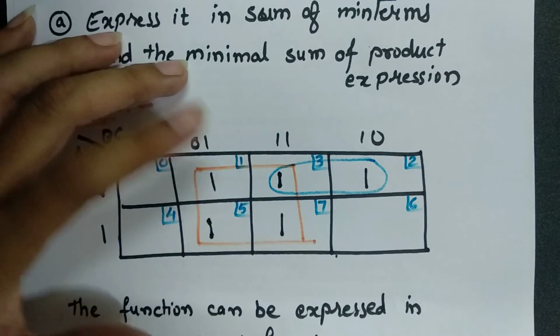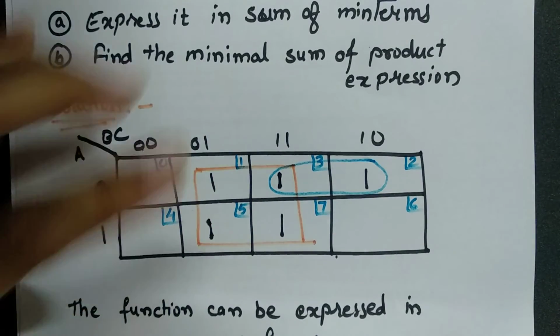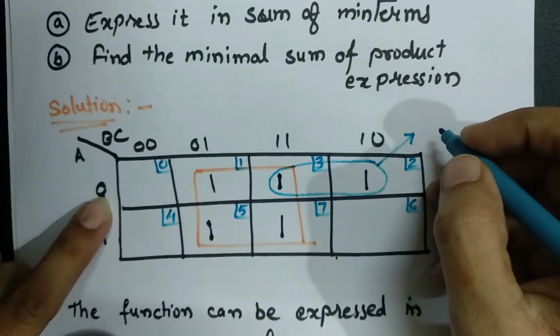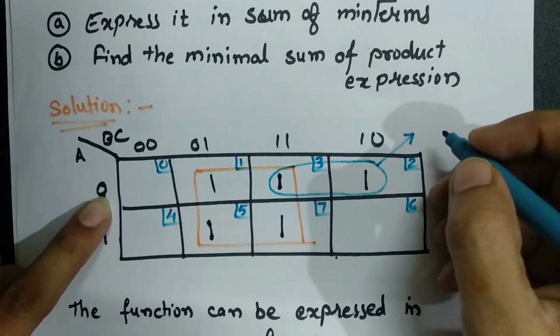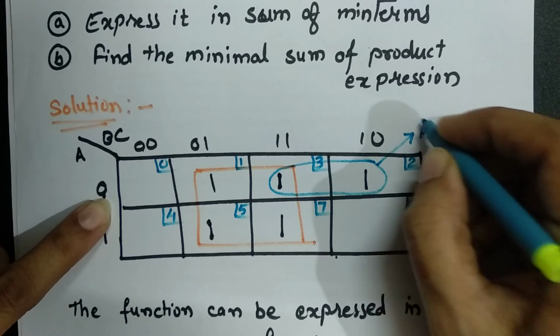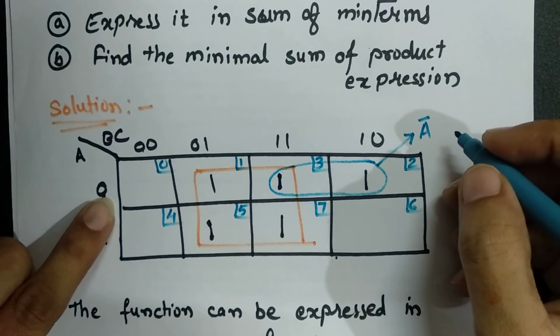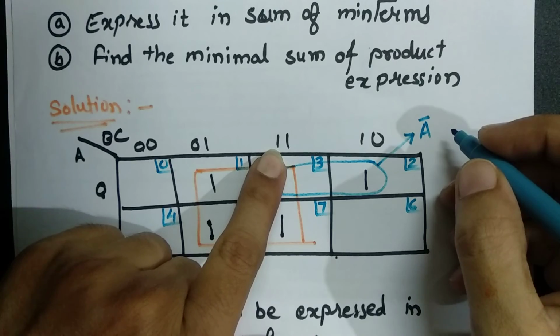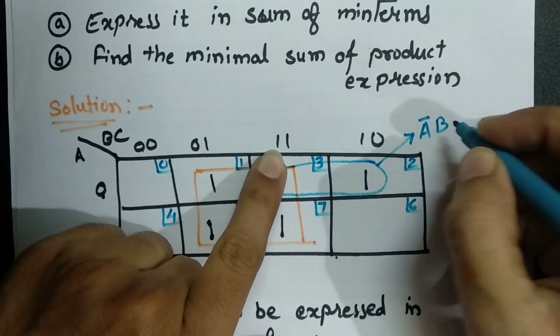Okay, so you have to write down the equation related to this group. First I will write for this one. This is your common to this one is A bar, so this will be A bar. Next is B. B is common.